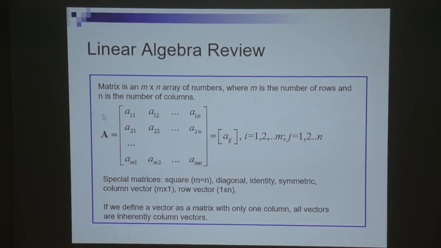A row vector, 1 by n, is also considered a special matrix. If we define a vector as a matrix with only one column, then all vectors are inherently column vectors.